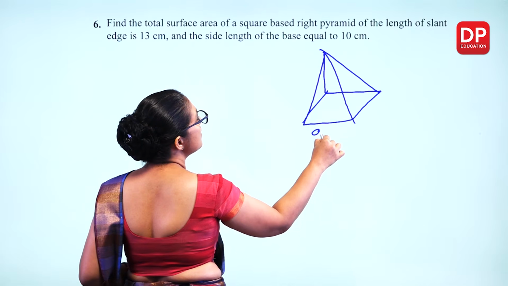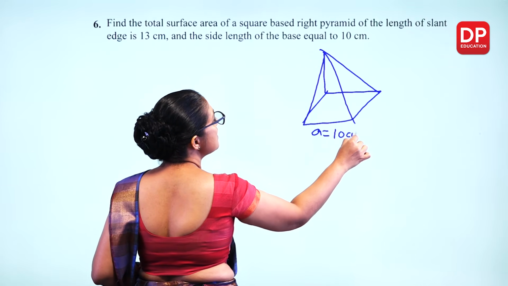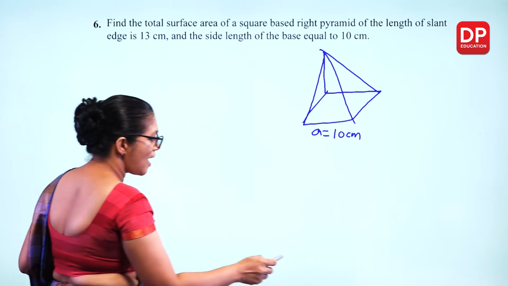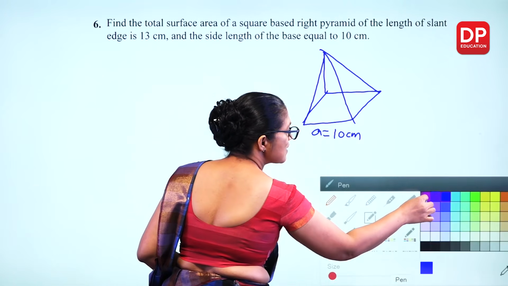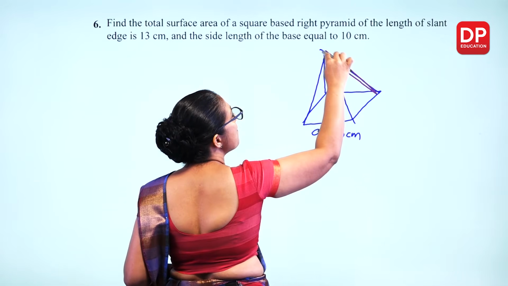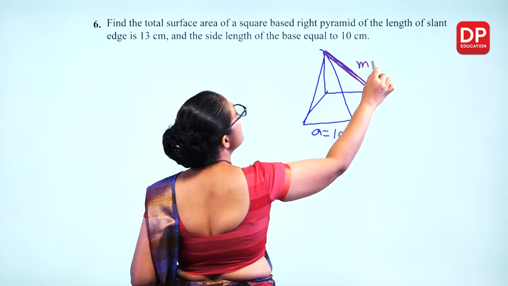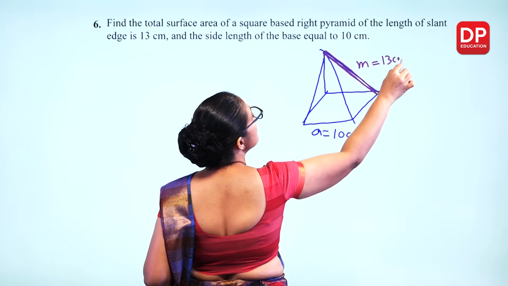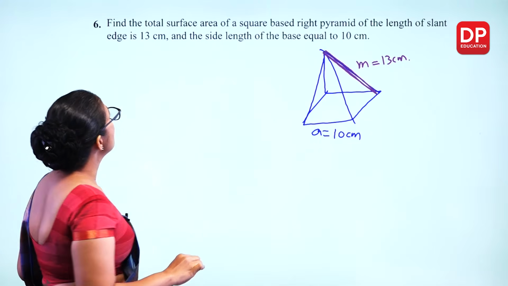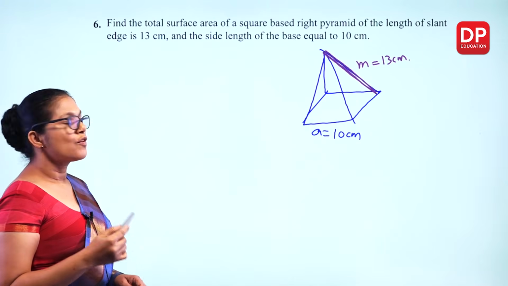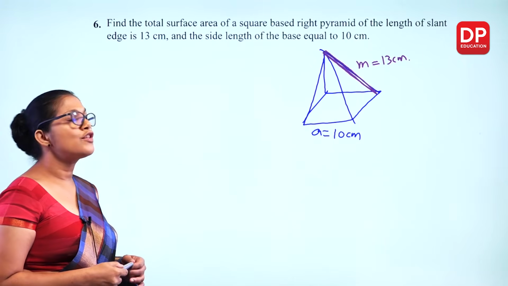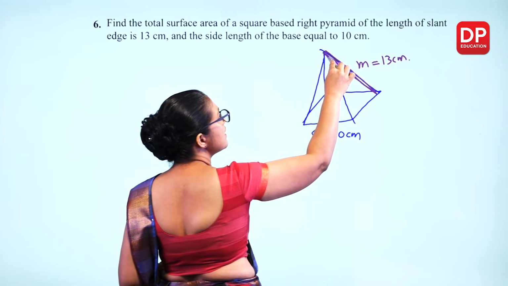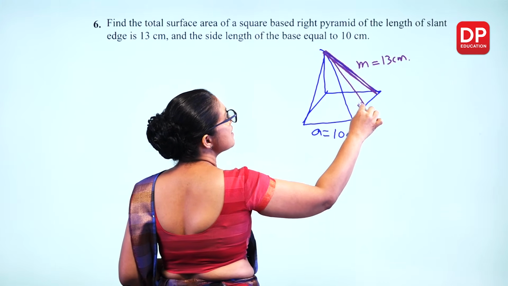A is given, base length is 10 centimeters, and slant edge, what's the letter we used? M. M is given, 13 centimeters. You are asked to find the surface area. To find it, we need to find L. L is the perpendicular height of the triangle. So that means this length.